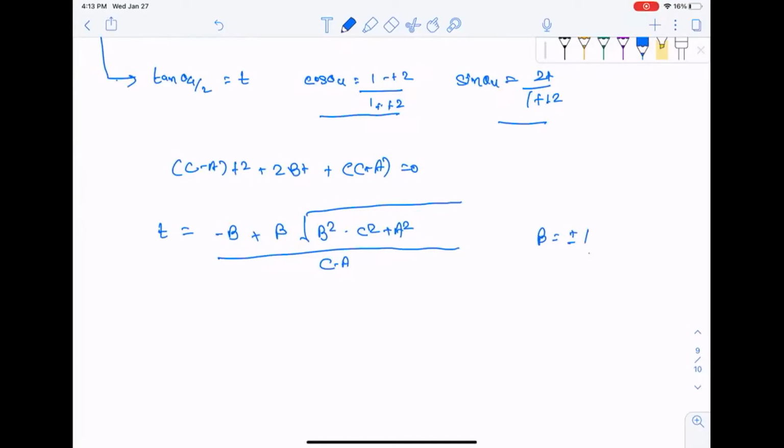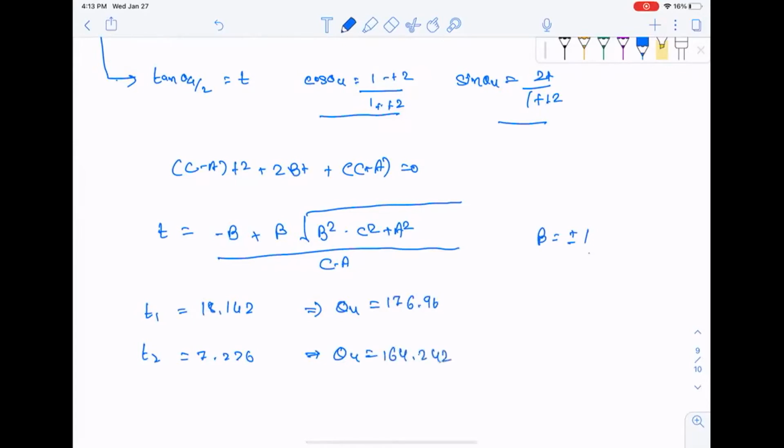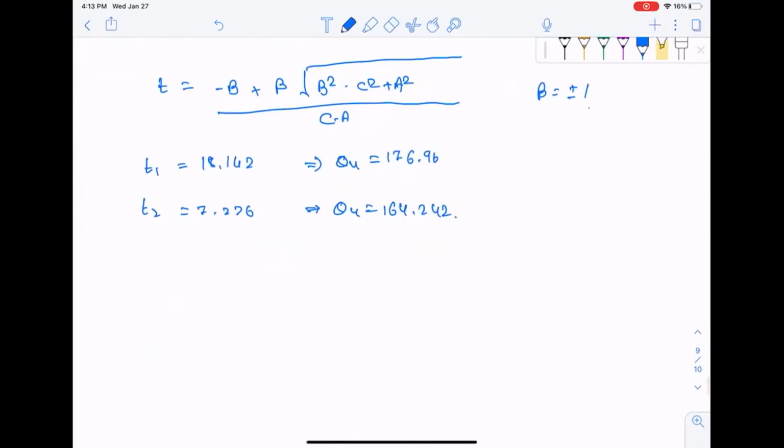So if I solve this equation with plus 1 and minus 1, I will get t1 as 18.142, t2 as 7.226. So this will give me the value of tan theta. It gives the value of theta 4 as 176.99. In the other case, value of theta 4 will come out as 164.242. So we need to check which one is correct.